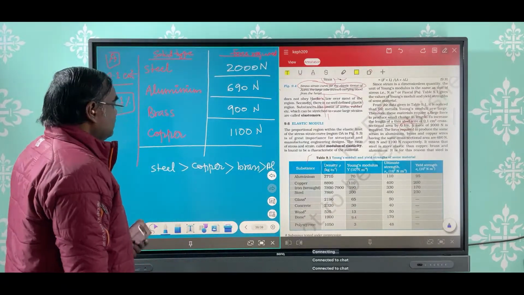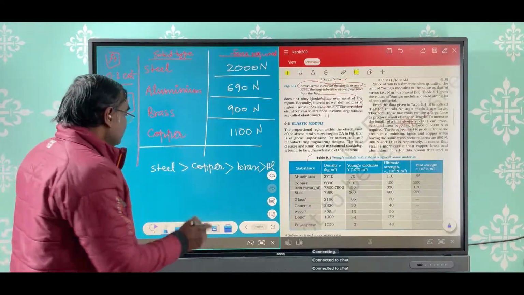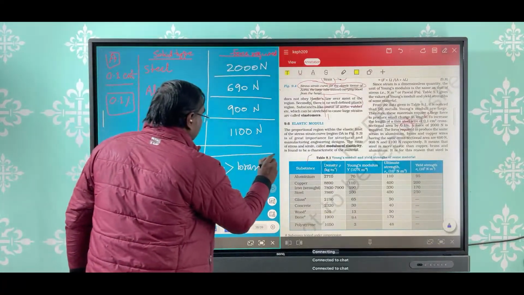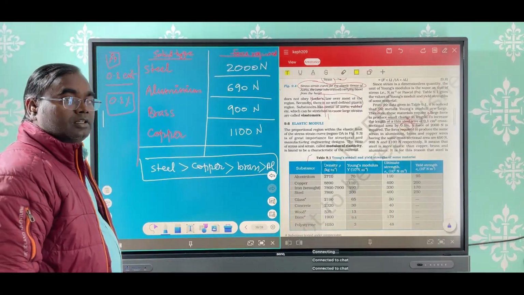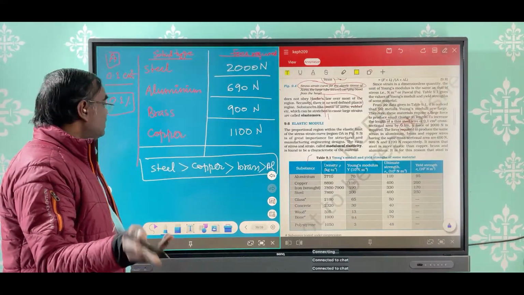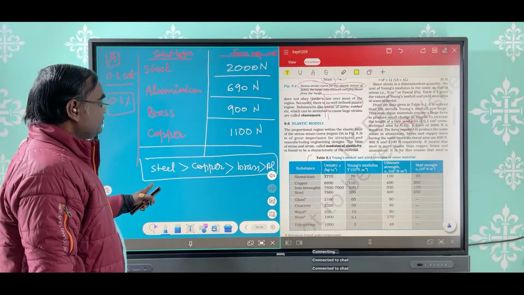So you can see the sequence, and you should remember this data. This is very important, you should remember it because it may be asked for the NEET as well as for the IIT.